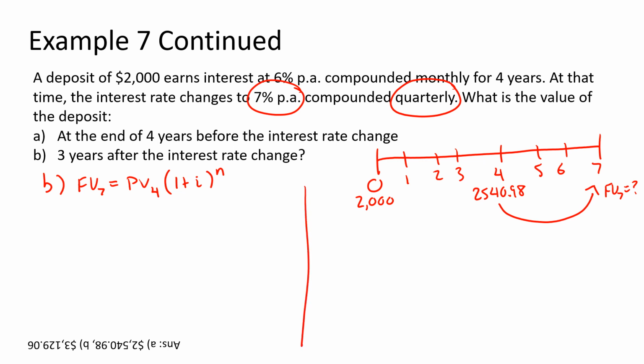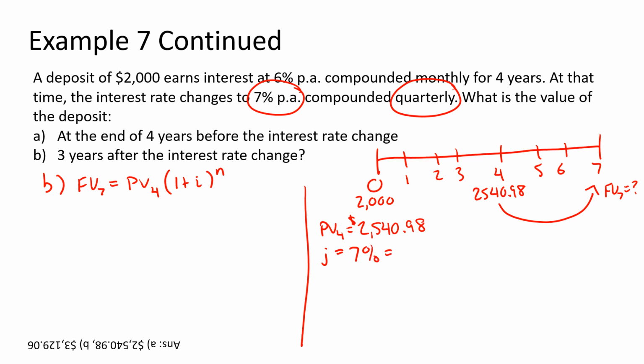So once again, we'll do our sidebar here. Our present value is equal to our present value at year 4, $2,540.98. We know our nominal interest rate now is the interest rate that it changed to after 4 years, which in this case is 7%.